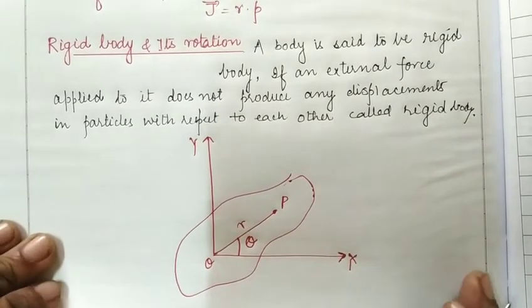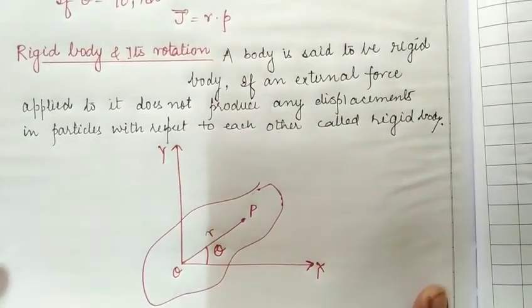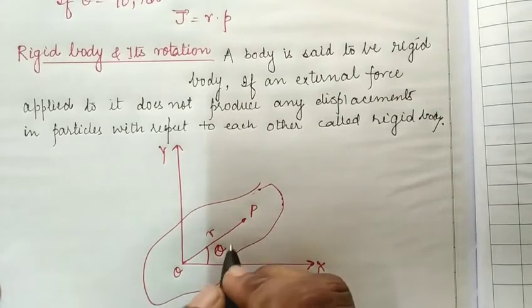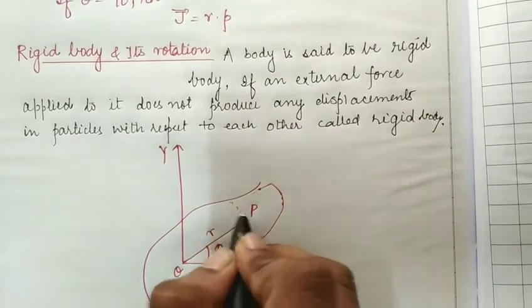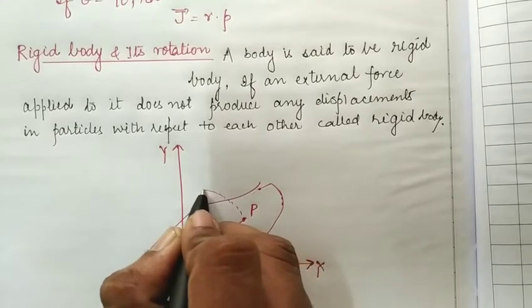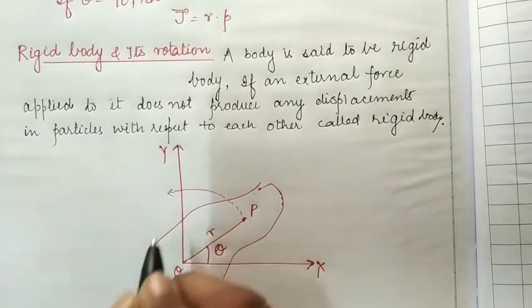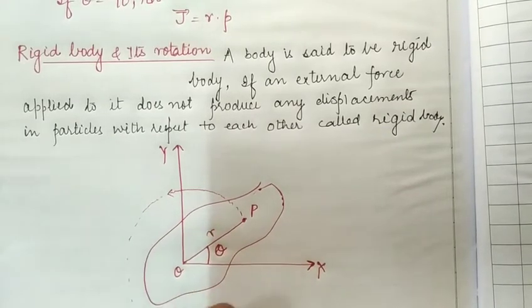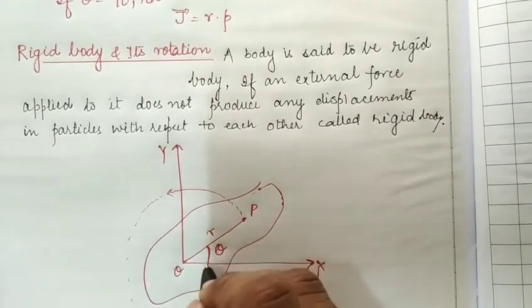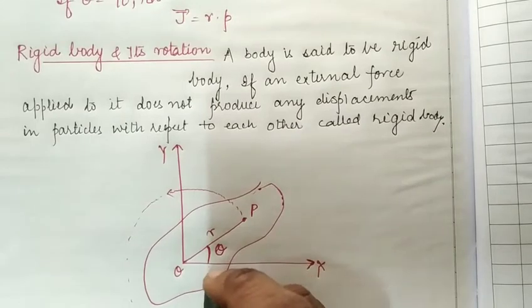Then how can we define the angular displacement? As we know, whenever a force is applied to an object, the object starts to rotate along a circular path about an axis, so there the angular displacement takes place.